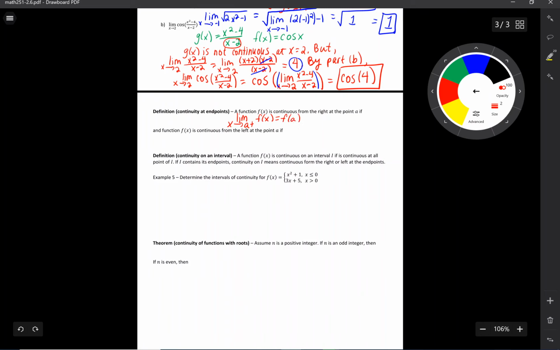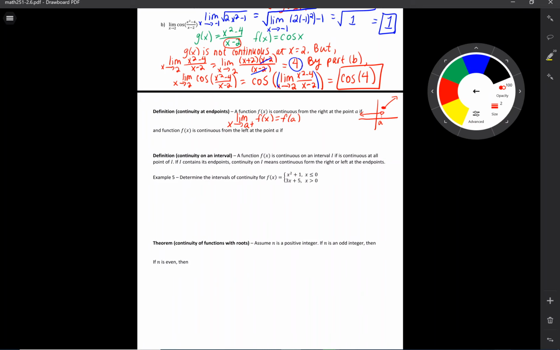So we can be continuous from only one side. What does this look like? Well, if I had a function that looked like this, for example, if this is a, then this would be right continuous, continuous from the right, since the limit as x goes to a from the right of my function is the function evaluated at that point.